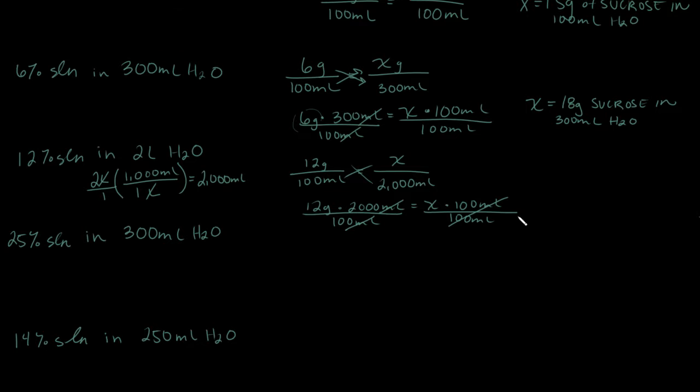Milliliters and milliliters cancel each other out. And so X is equal to 12 times 2,000 divided by 100, and we're looking at 240 grams sucrose in, what did we say? 2 liters H2O.